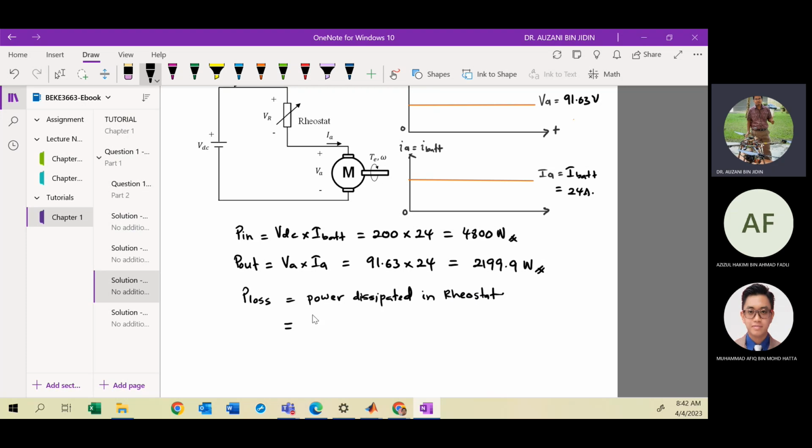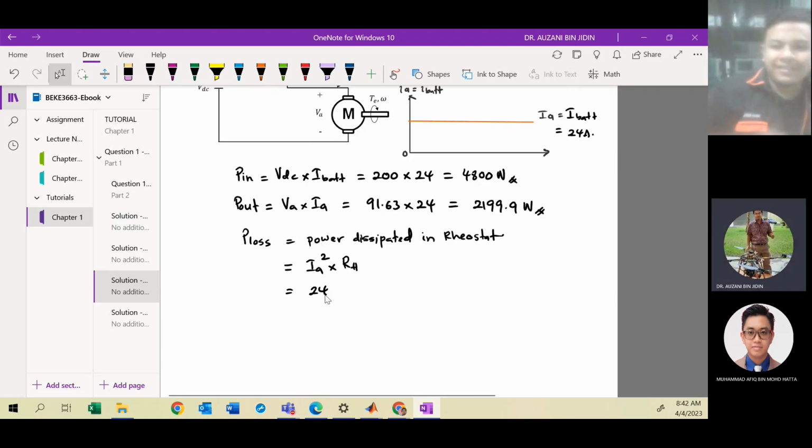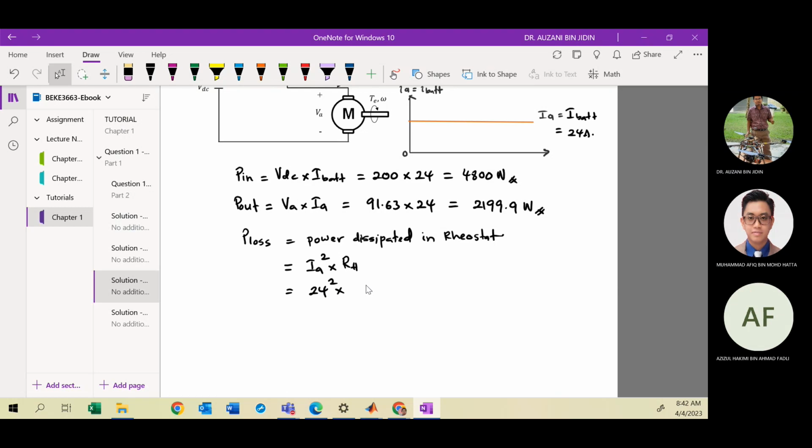You can straightforwardly calculate P loss, which is IA squared times RH. 24 squared, and the RH value is 4.54.